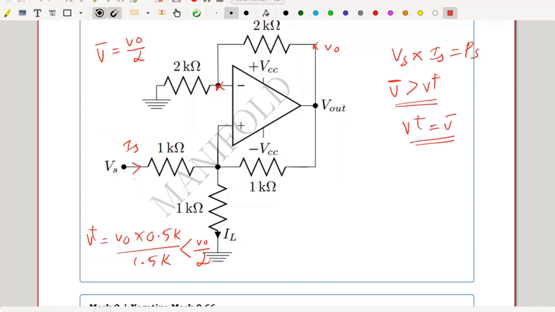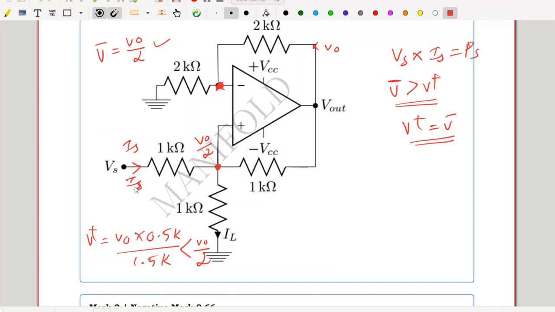So, this current Is can be easily identified by applying KCL at this node. Prior to that, I should mark this node voltage that is same as my V minus. V minus was V out by 2, so I will get a V out by 2 here.